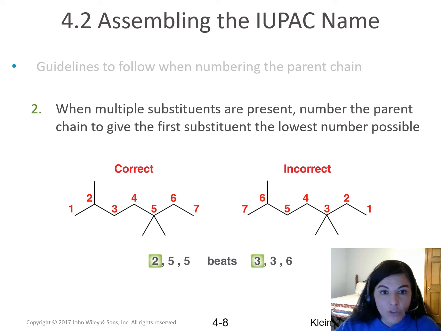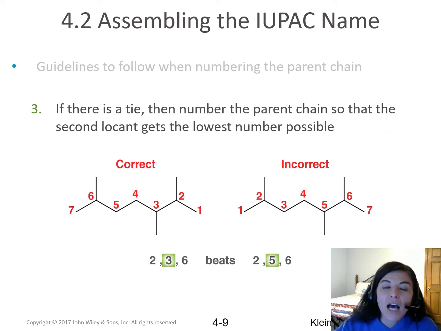In the first way we number, the first group that we come across is on carbon number 2. In the second way we number, the first substituent we come across, and there are 2 of them, are on carbon number 3. We're going to choose this first way of numbering because we only care about the first substituent.